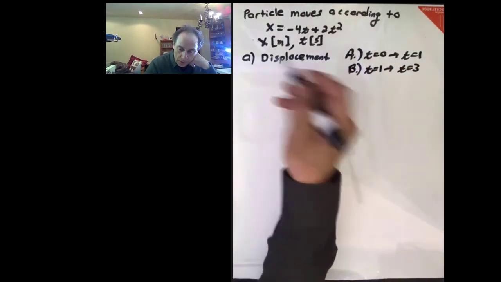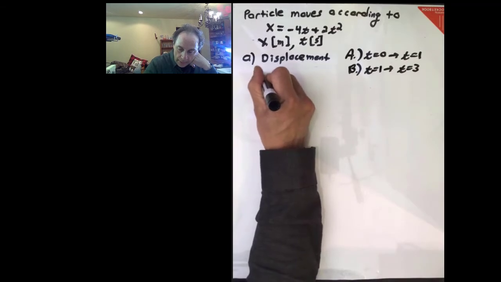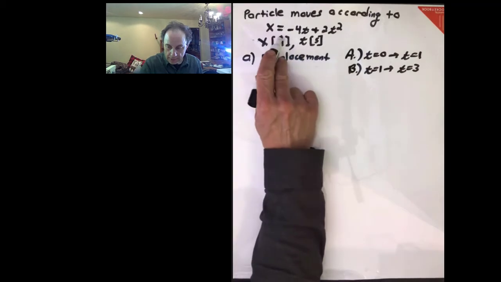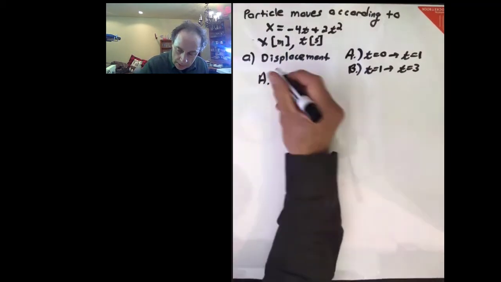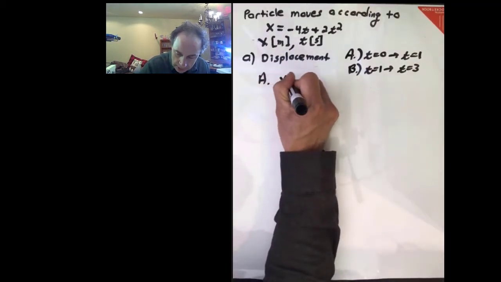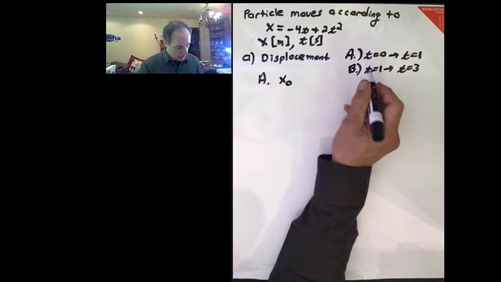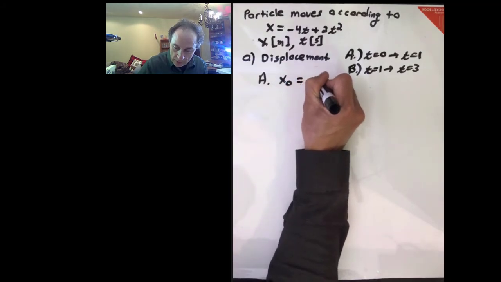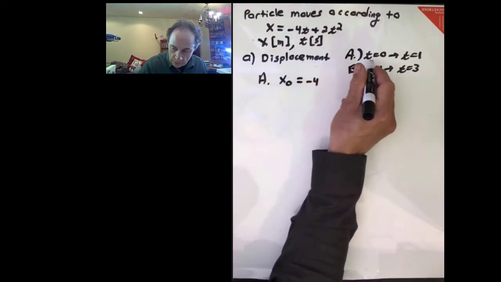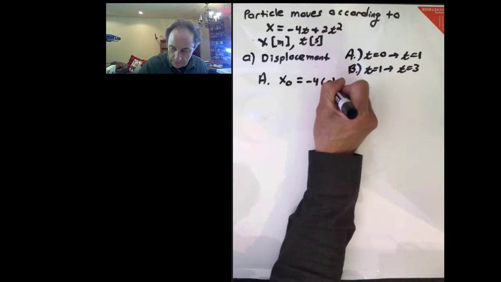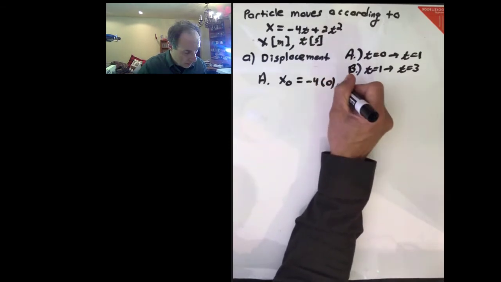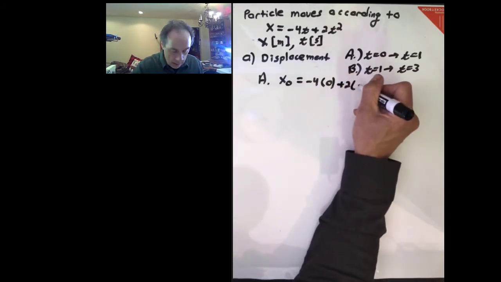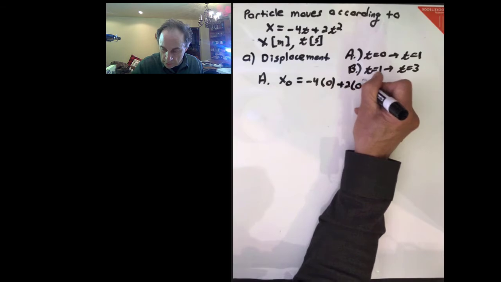Alright, so let's do this. A, okay, we have the equation up here. So x, I'm going to call this x0, because it starts at 0. It's going to equal minus 4 times the time at 0, which is 0, plus 2 times the time at 0, which is 0.